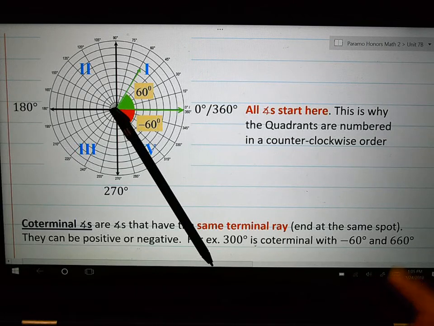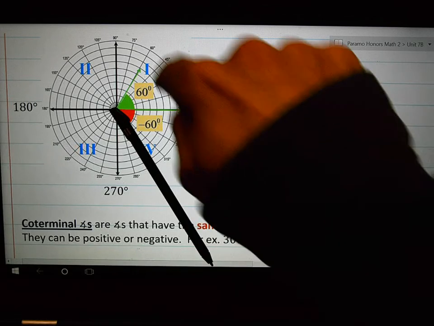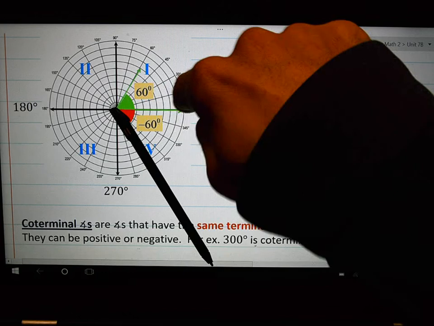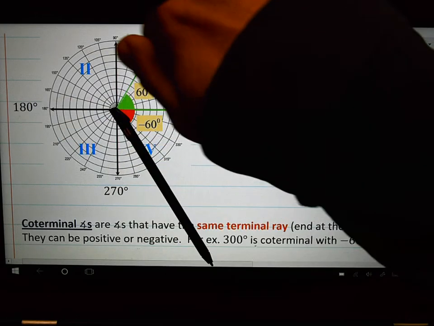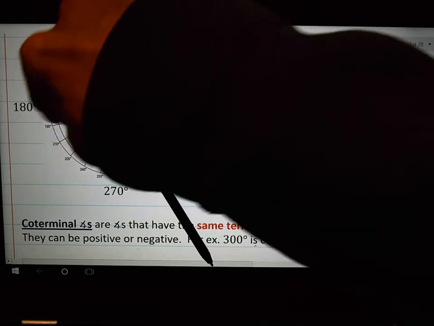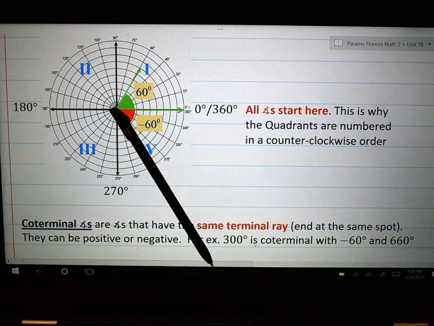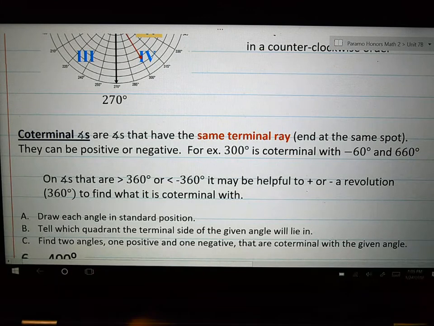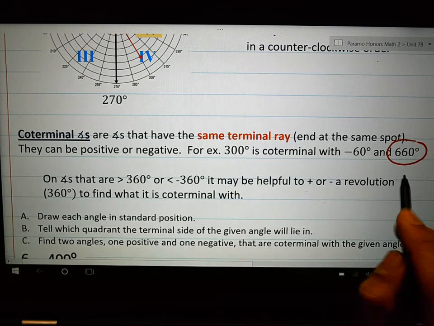What else do we have? We have positive 660. We can go around, not just once, we can go around again and go 360 and just add another 300 degrees to that. And we will get to right there, which is also coterminal with it. This is considered, let me circle it, a positive coterminal angle.